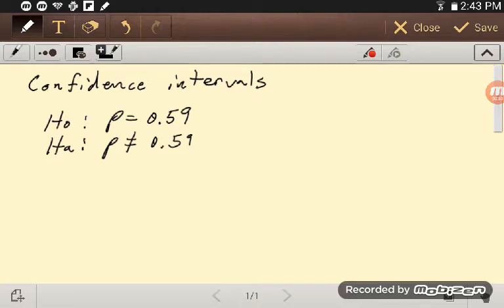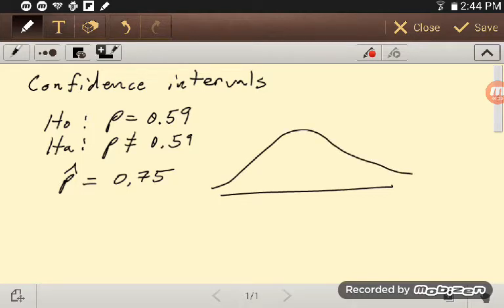And I'm just using 0.59 because of our project and so forth, but let's just say we get some data where, and I'll use a different p hat. So p hat, our data, suppose we got something like 0.75, and when we created our distribution, I'm just going to make a nice normal distribution.